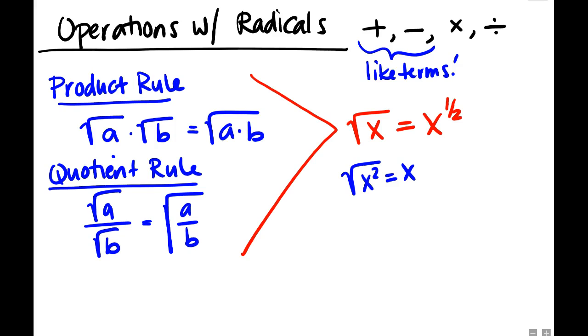well, it only makes sense that this is the same thing as x squared raised to the 1/2 power, and then we could use the multiplication rule for powers, and this would just get us x to the first power, which is just x.